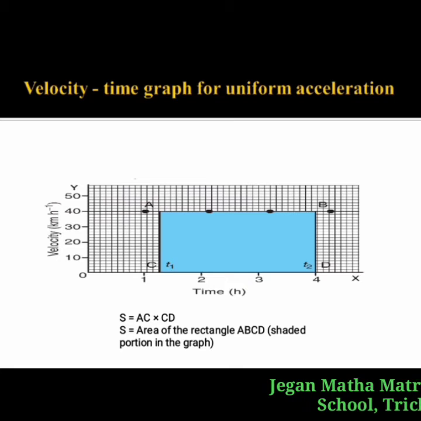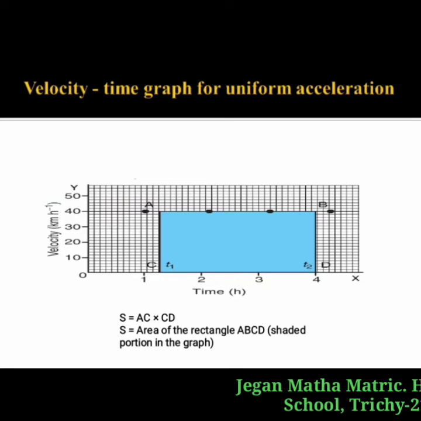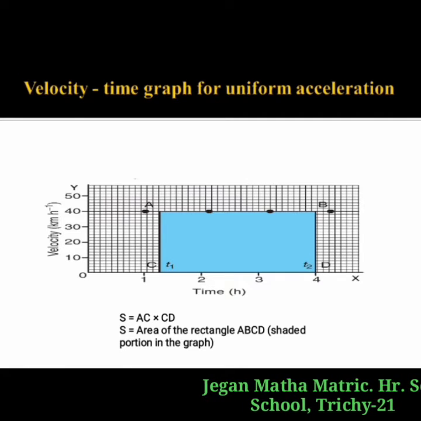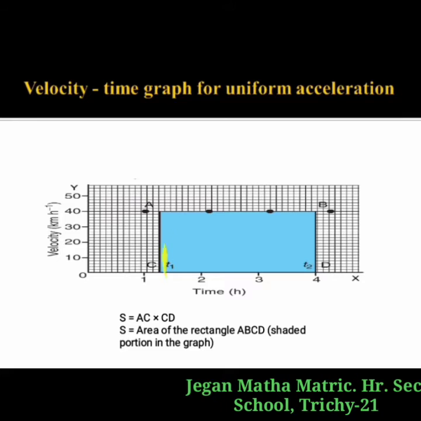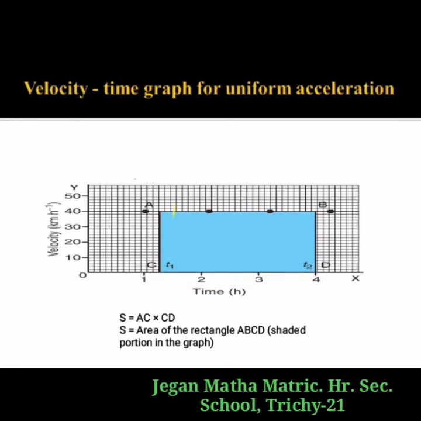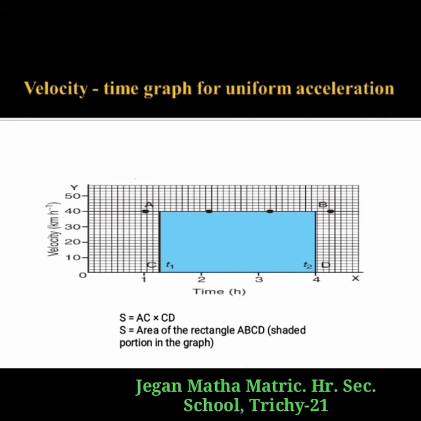We know that the product of velocity and time gives the displacement of an object moving with uniform velocity. Thus, the area under the velocity time graph is equal to the magnitude of the displacement.